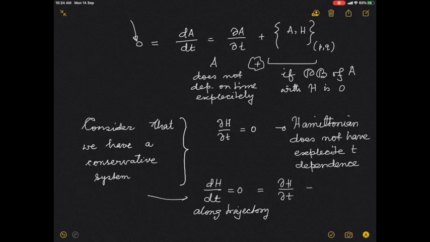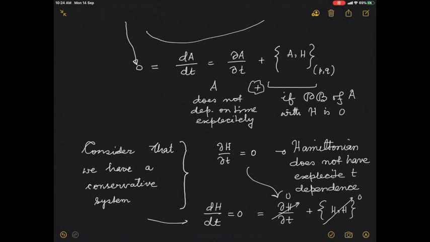And we have just learned that this is ∂H/∂t plus the Poisson bracket of H with H. Now this is 0, that comes from here, and this is 0, that we have just seen. So this is a statement for the conservation of a quantity A along the trajectory.